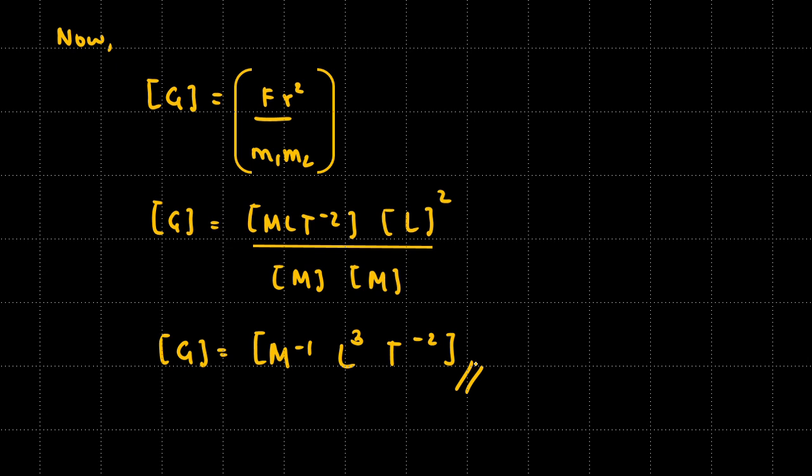Great, amazing. So if you saw this video, you might have thought of something. When we derived relations of various physical quantities, we considered the proportionality constant as dimensionless. What you have to know now is that it does not have to be dimensionless.